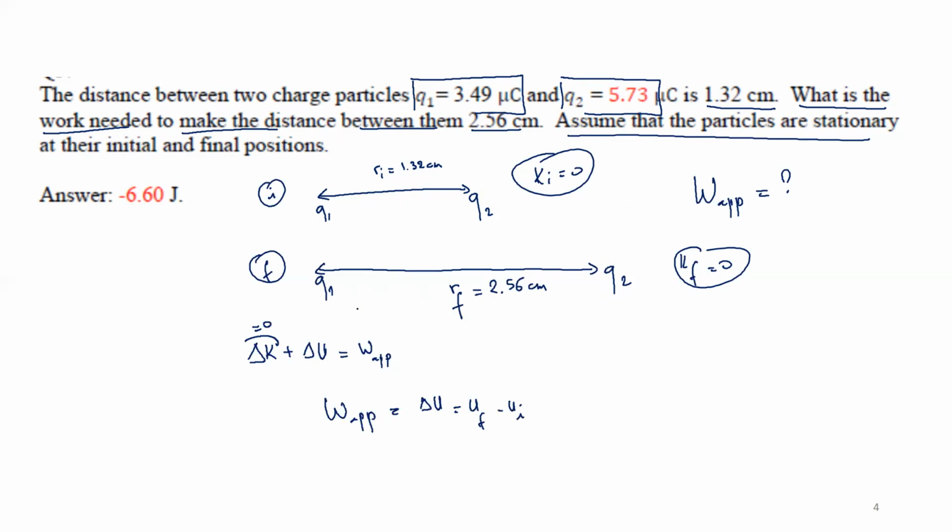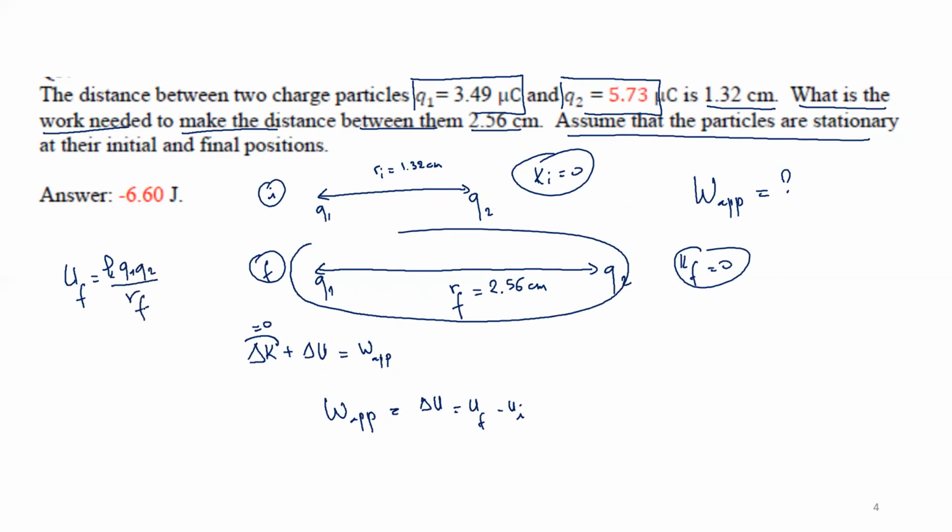So what is U final? U final is the electric potential energy linked to this configuration here. We know it. This is the formula, and we already talked about this in class: U final is K Q1 Q2 divided by R final.